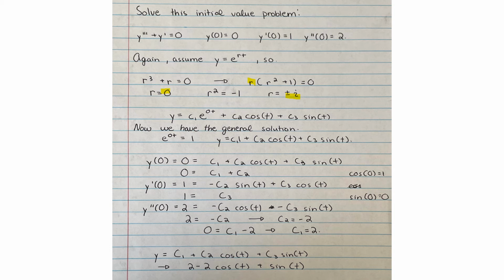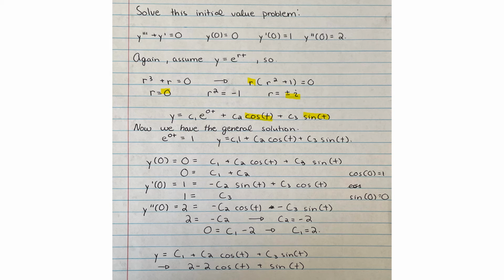This is why we are now using the cosine t and the sine t here. So after replacing the complex valued solutions with real valued solutions, we have solved for the general equation.